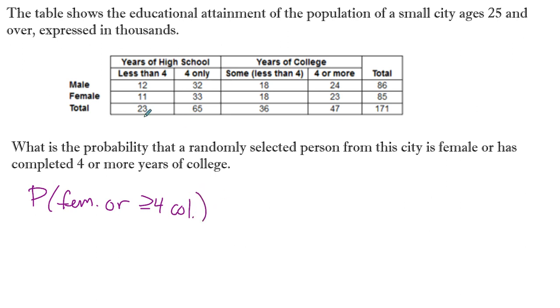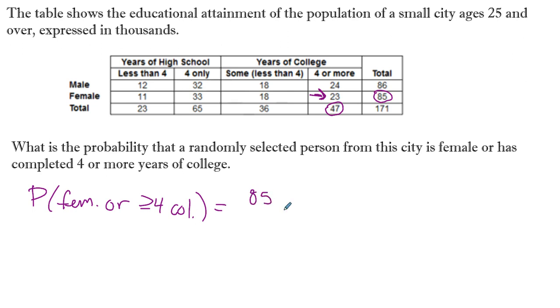Well, let's see, we have a total of 85 females. We have a total of 47 who have completed 4 or more years of college. Of course, these are in thousands. However, we also have this overlap. So that means that 23 was counted in this total and this total. So we have to use our exclusion rules and we can add those together.